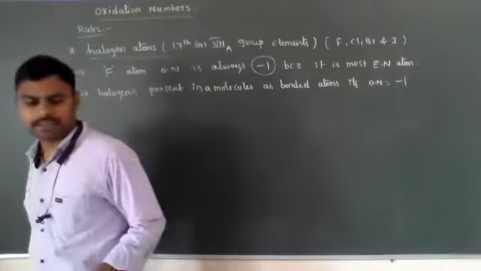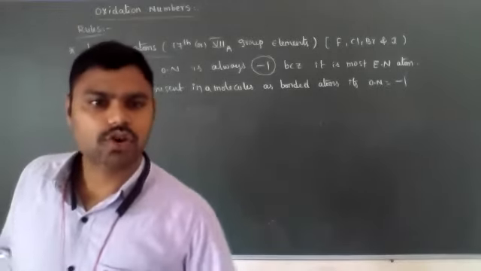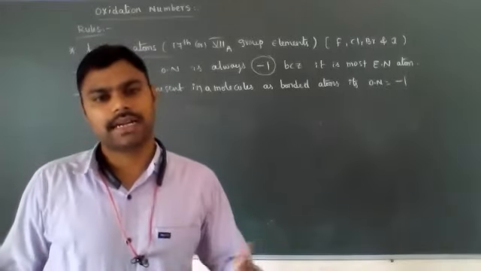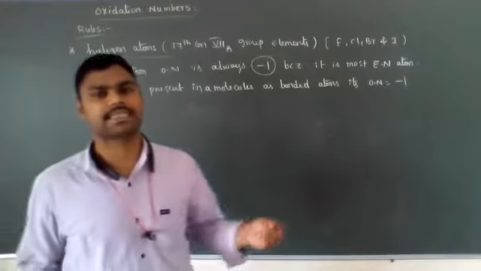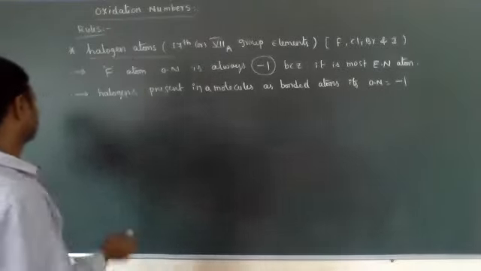Halogen atoms form many compounds, and in those compounds the halogen atoms exhibit different oxidation numbers.